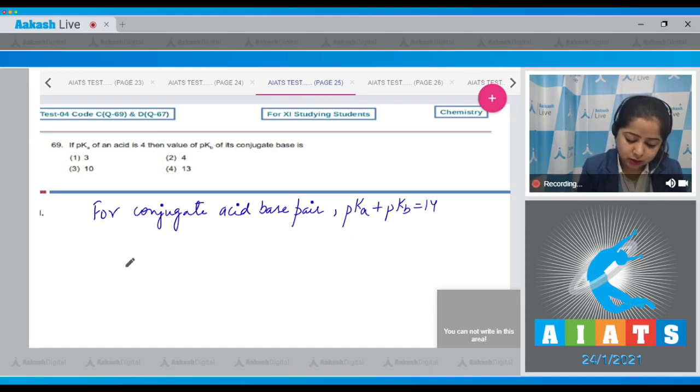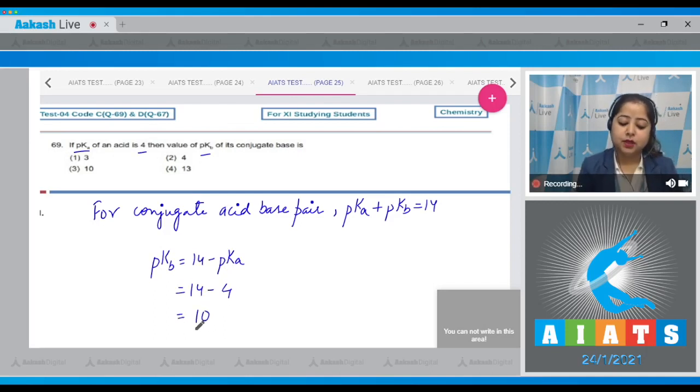That means we are here given with pKa. So we have to calculate pKb. So pKb is equal to 14 minus pKa. That means 14 minus 4, which is equal to 10. That means the correct answer is option number 3.